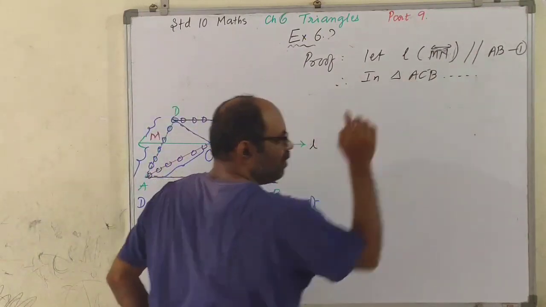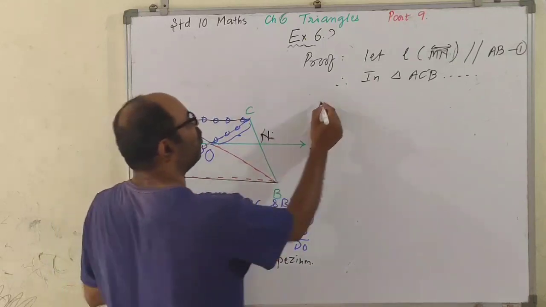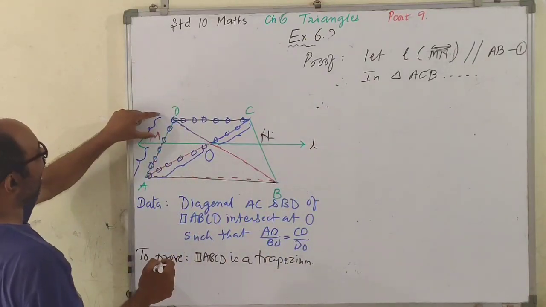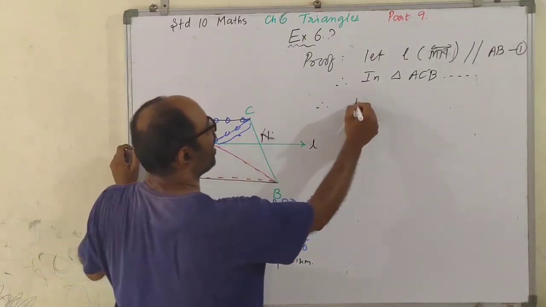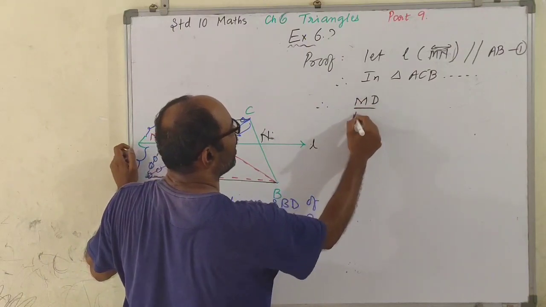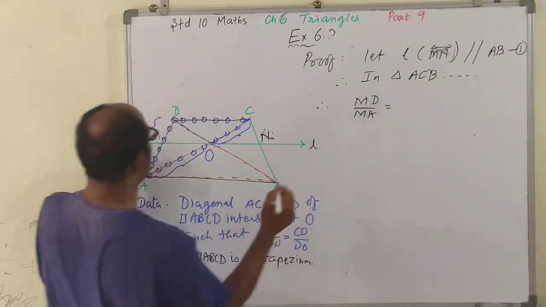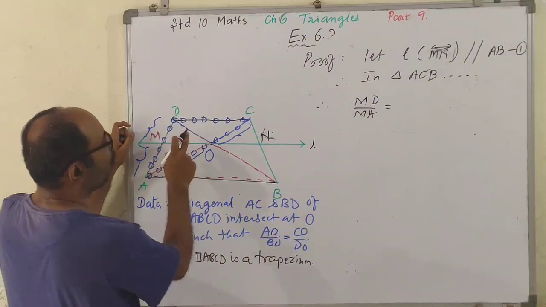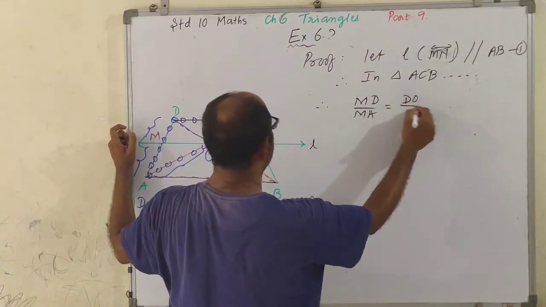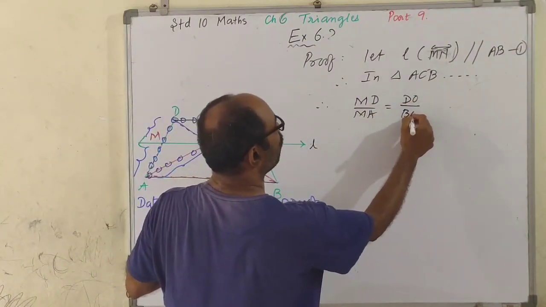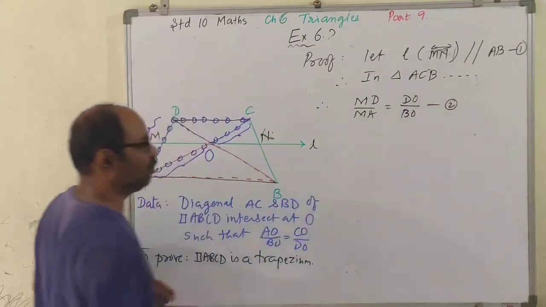Therefore, you have the ratio MD upon MA is equal to DO upon BO. Call it result number 2.